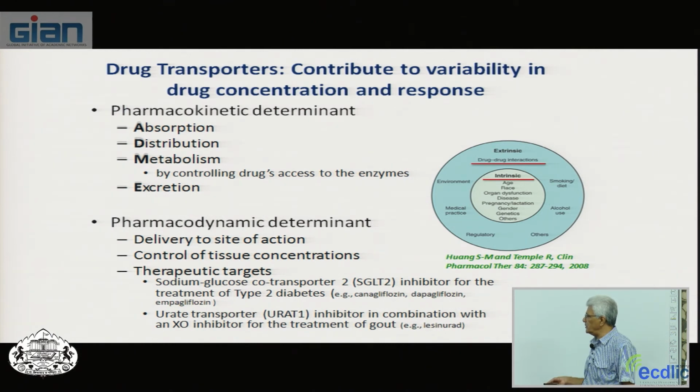So we discussed this a little bit. The sodium glucose co-transporter inhibitor for the treatment of type 2 diabetes. And then the urate transporter inhibitor in combination with a xanthine oxidase inhibitor for treatment of gout, because this is now, as we discussed, also transported by ABCG2, and we have the polymorphic changes in ABCG2. Okay.